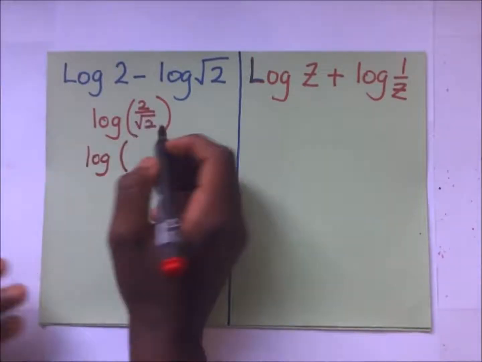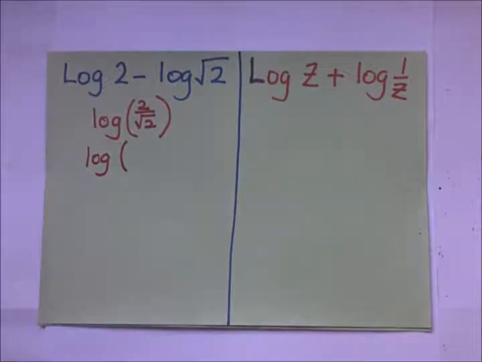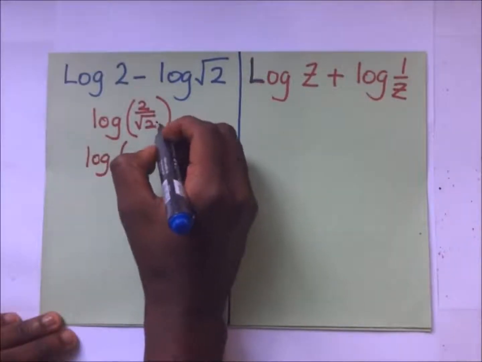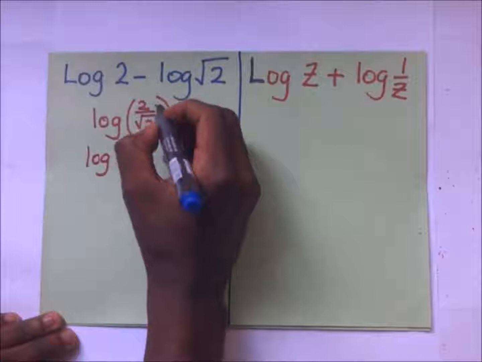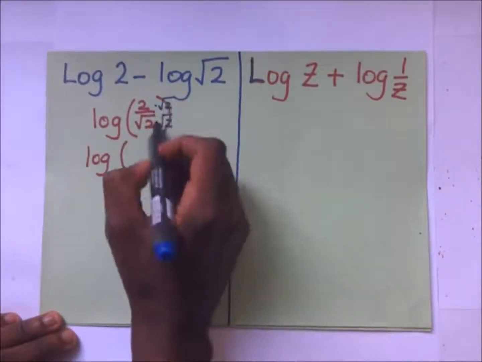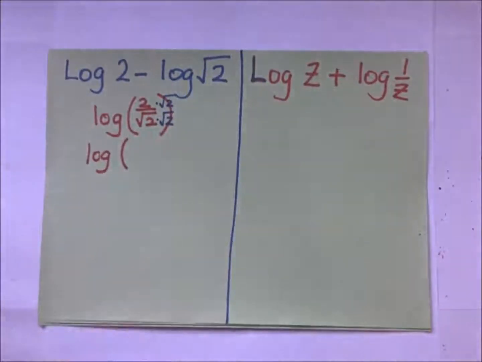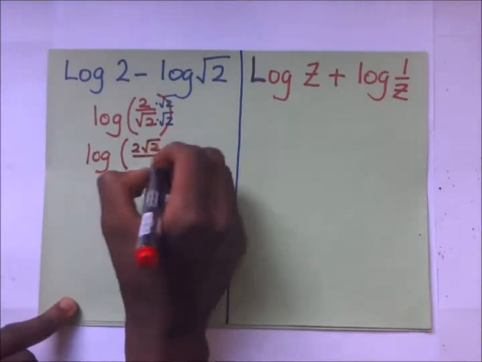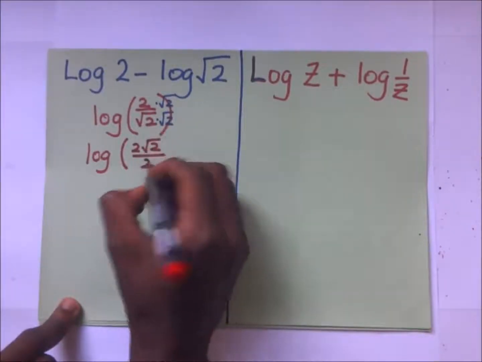When we rationalize this denominator, it means we are going to multiply the square root of 2 here times the square root of 2 down here, and up here times the square root of 2 up and down. So that our new logarithm becomes 2 times the square root of 2, divided by root 2 times root 2, which is 2.